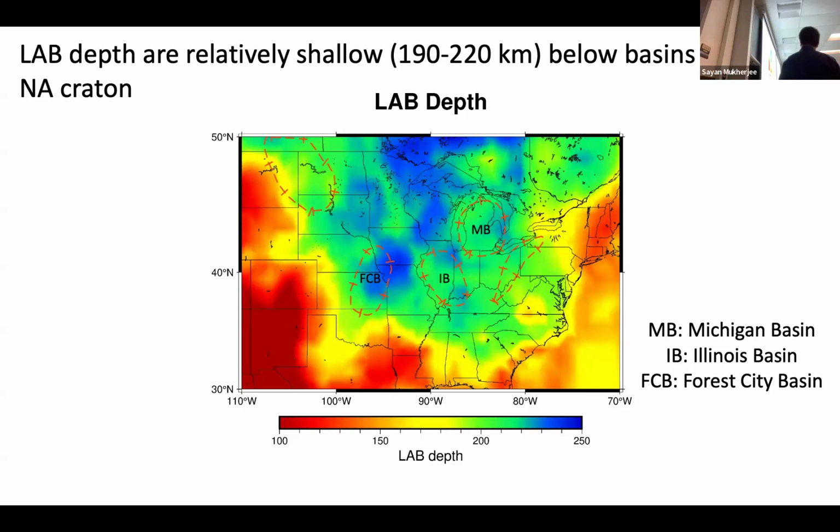Under the Michigan Basin and the Illinois Basin, we have a relatively shallower LAB compared to the Forest City Basin, which is quite deep, around 250 kilometers at least. For the other parts of the North American craton, the average LAB depth is around 200 kilometers. When it moves to the west part, toward the Rocky Mountains, the LAB is quite shallow, around 100 kilometers or even shallower.